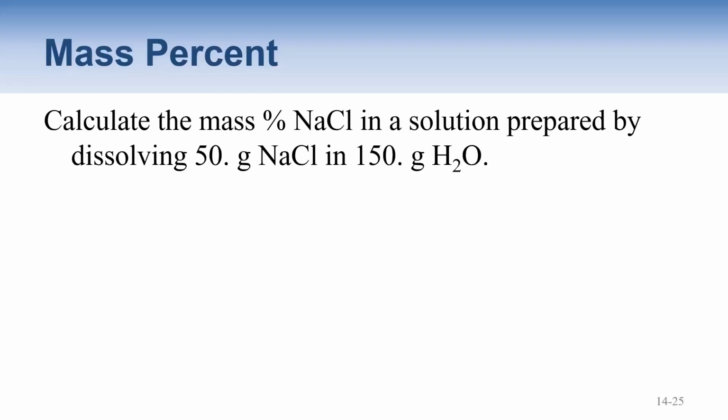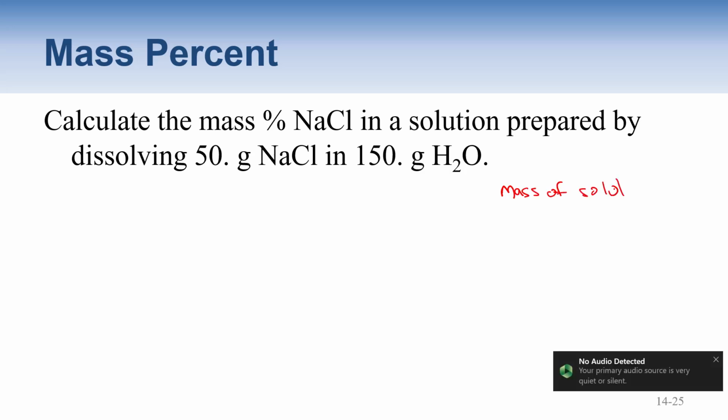So calculate the mass percent of sodium chloride in a solution prepared by dissolving 50 grams of sodium chloride in 150 grams of water. To do mass percent here, it's the mass of the solute divided by the mass of the solution.